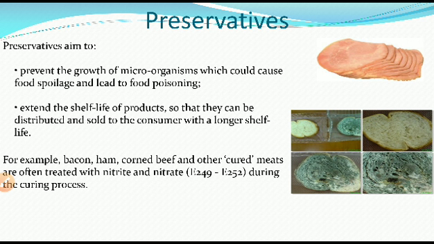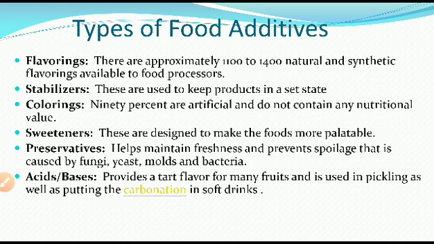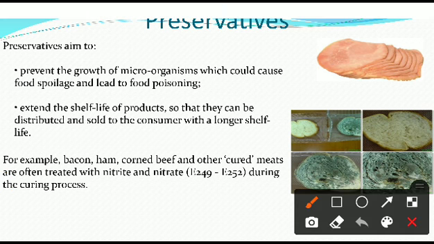Let me explain the first classification, that is preservatives. Preservatives are the substances used to prevent the spoilage of food. These preservatives aim to prevent the growth of microorganisms which could cause food spoilage and lead to food poisoning.